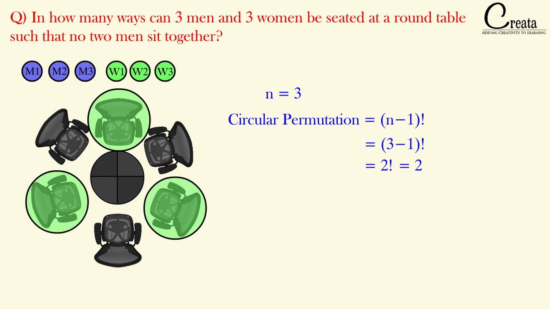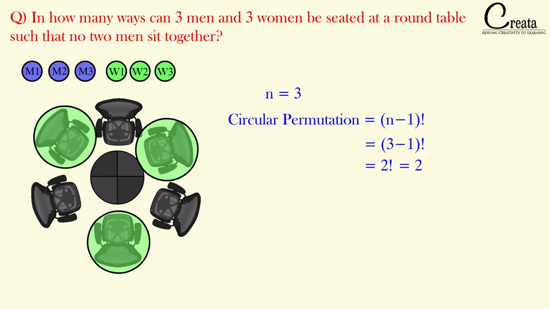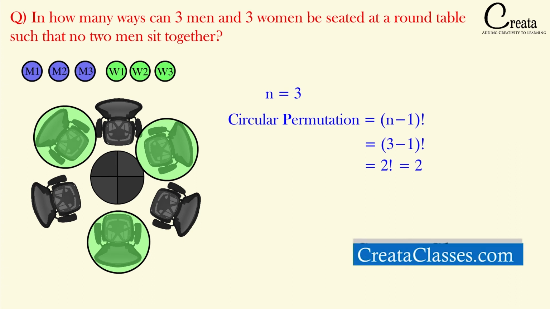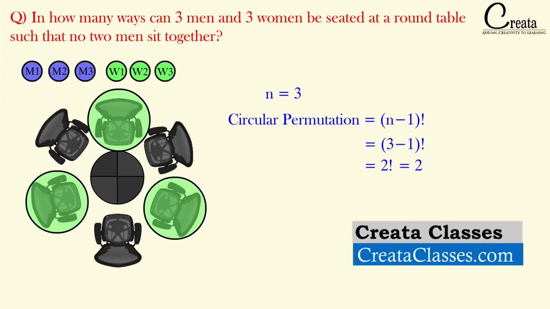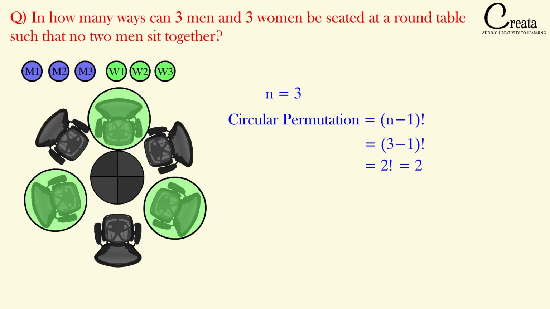In circular permutation, we have seen that if we just shift all the slots by one position, then nothing is changed. So if the women decide to take these 3 slots or these 3 slots or these 3 slots, all are the same. Got it? This is the basic fundamental of circular permutation. If we shift all the locations by one slot clockwise or anti-clockwise, all the scenarios are the same. Okay. So we got our answer as 2.